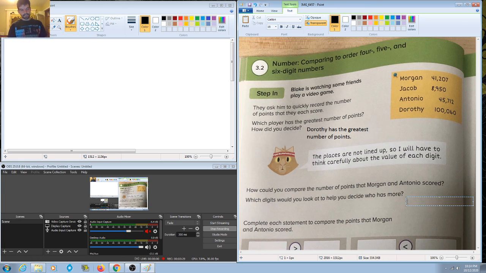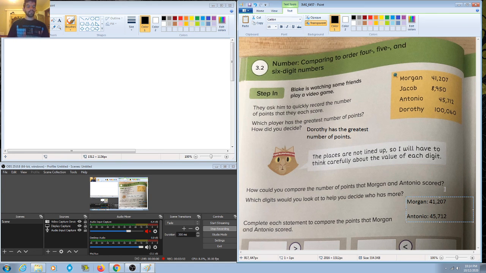Again, like the cat said, these numbers aren't even lined up, so it's not doing us any favors. So let's look at Morgan, who had 41,207, and Antonio, who scored 45,712.